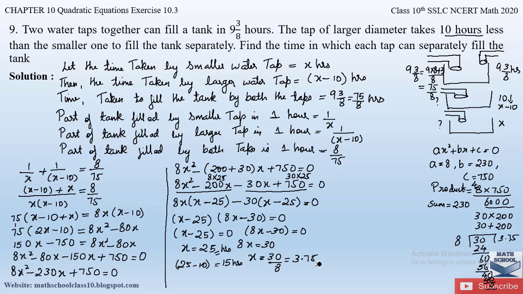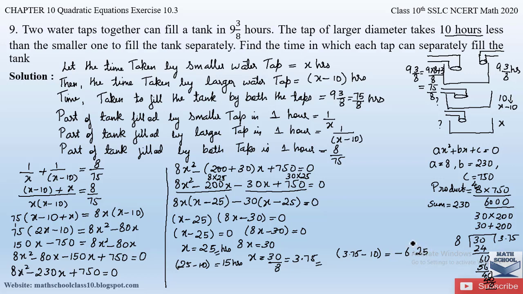Similarly, if you do the same here, the time taken by the smaller pipe is 3.75. Now if you substitute 3.75 minus 10, we are going to get a negative value because 10 is a larger number, so you will get minus 6.25 hours.